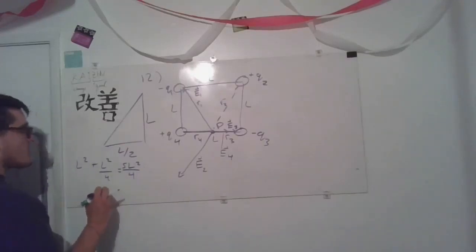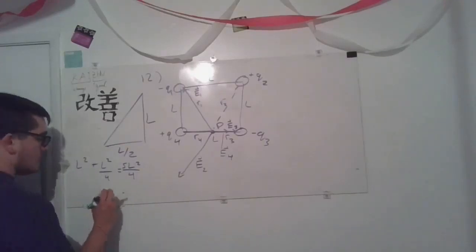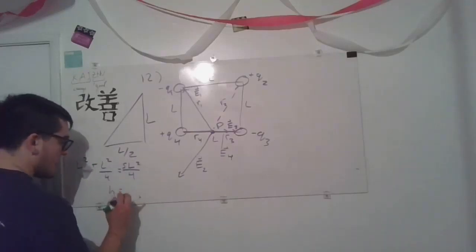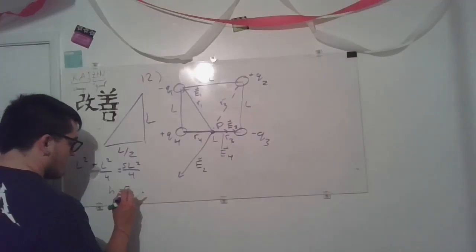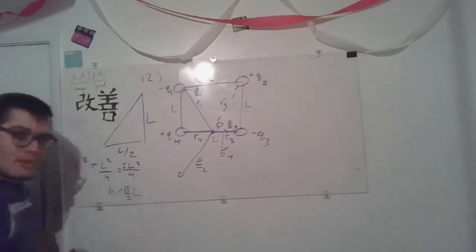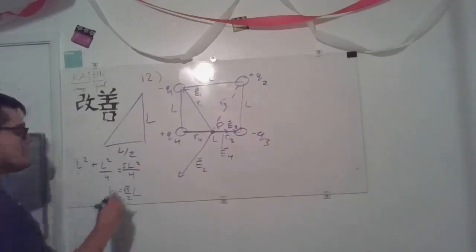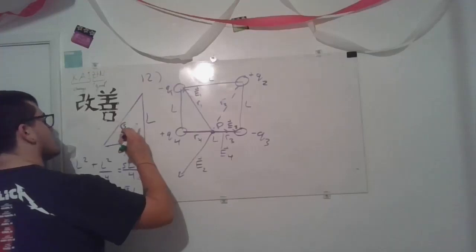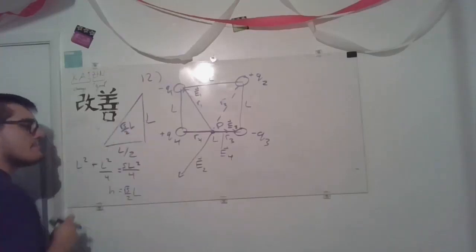And then I'll put H as the hypotenuse, which is the square root of all that. So it'll be radical 5 over 2 times L.